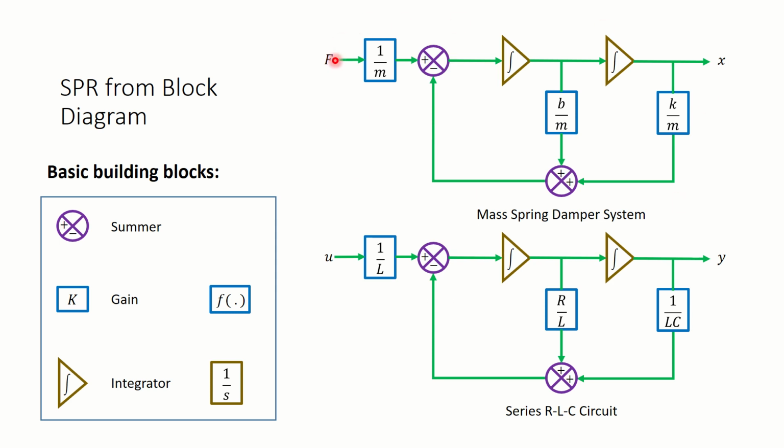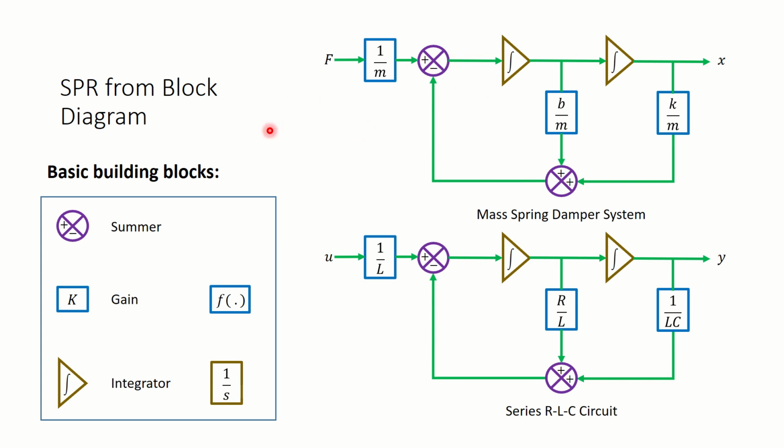Similarly, you can again look back into the slides and see the equation governing the mass spring damper system, and there also this is x1 and this is x2. So the output of this last integrator is x1 and the first integrator is x2, and this block diagram gives the same equation that has been derived there in the state space realization.